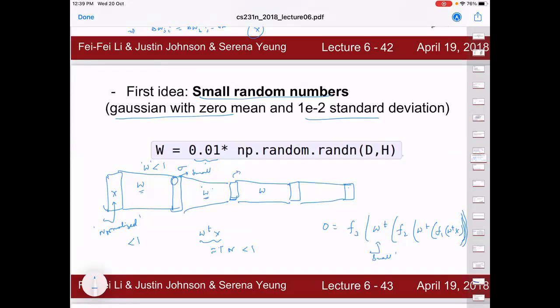So here it will be very small. Here it is very, very small. And this will be very, very small. Okay, that can happen. So in such a case, what happens?